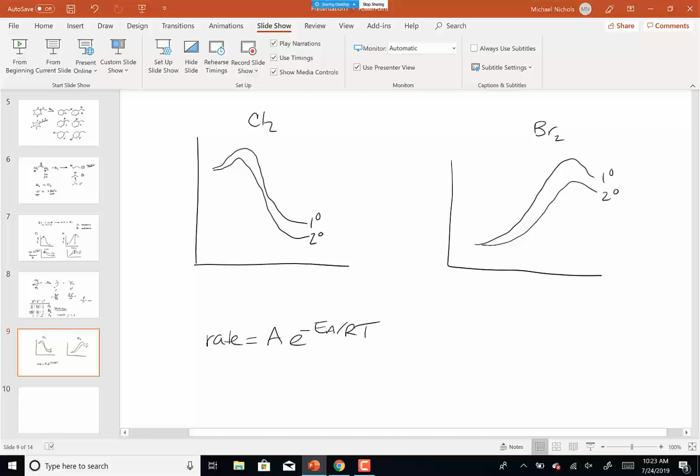And it's going to take you more energy to go over the primary mountain versus the secondary mountain in each case. If your bird's flying over the mountain, then again, it takes a certain energy to get over the top of the mountain. Where's that energy coming from? In molecules' cases, it's coming from temperature.